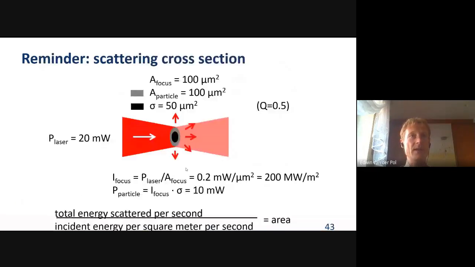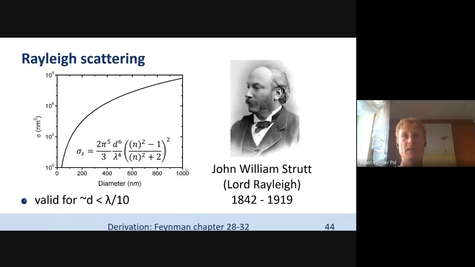Now, those were some basics. Lord Rayleigh derived a formula to predict the scattering cross-section of a spherical particle, as long as the particle is small compared to the wavelength of the incoming light.